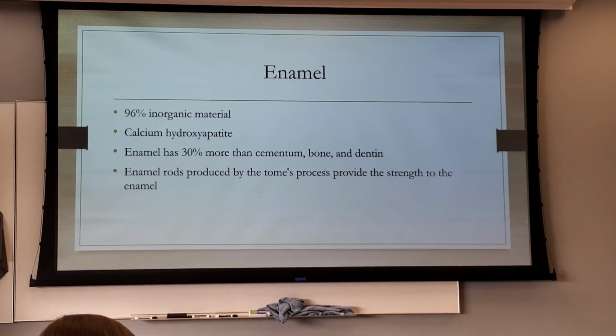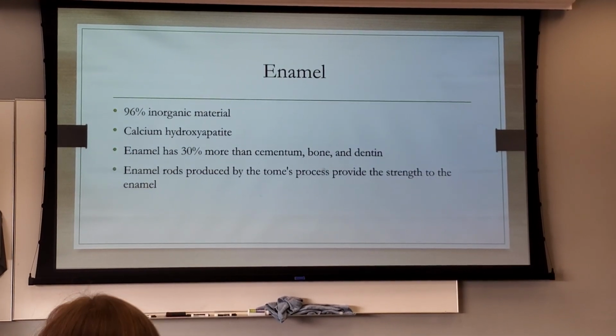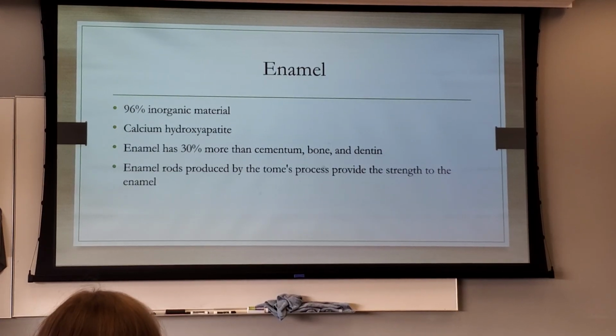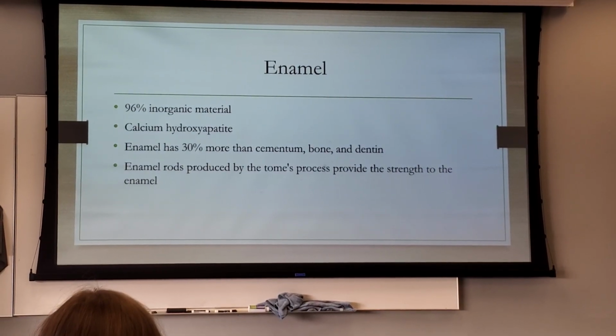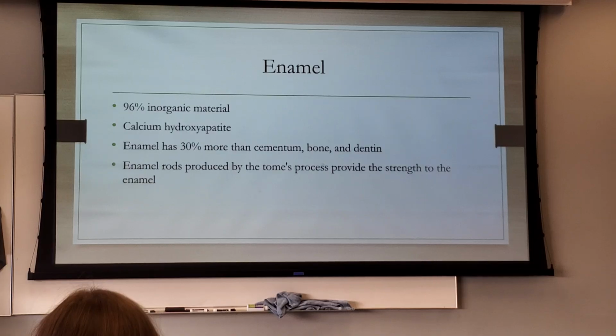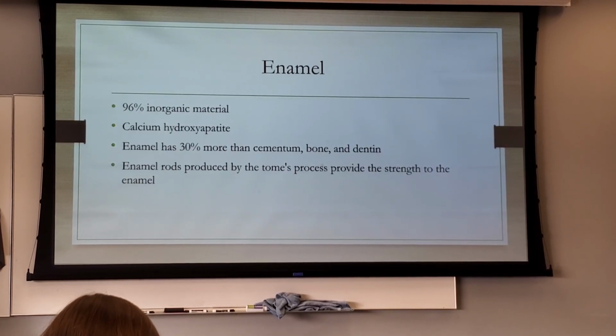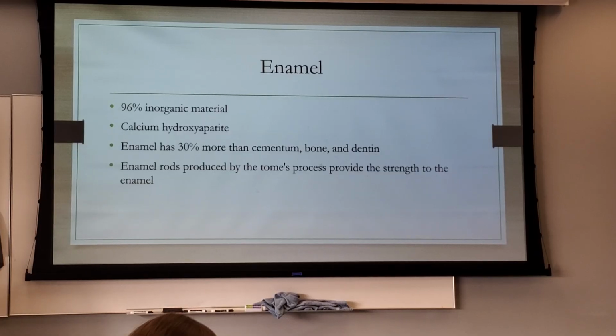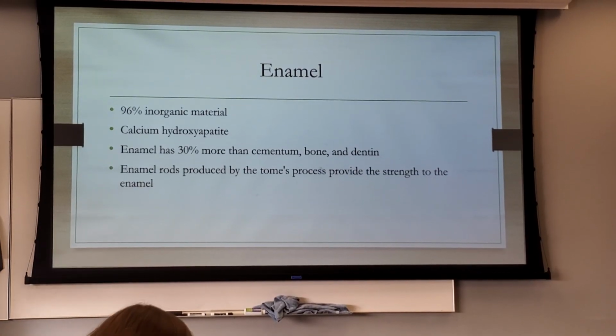So enamel, again, is 96% inorganic material. It is made of that calcium hydroxyapatite, part of the crystal of the enamel that gives it its color and its strength.